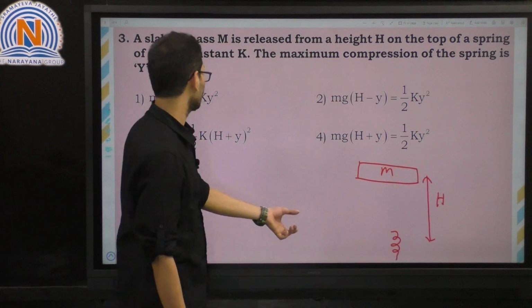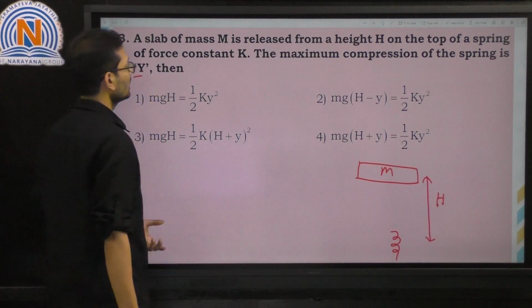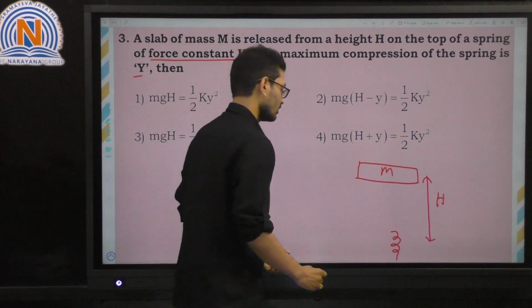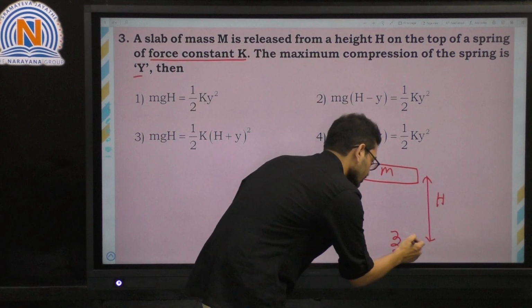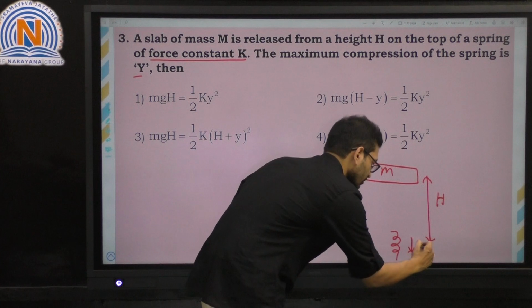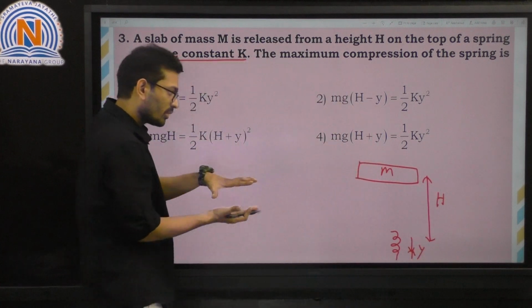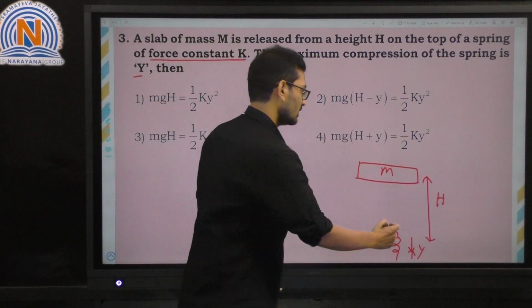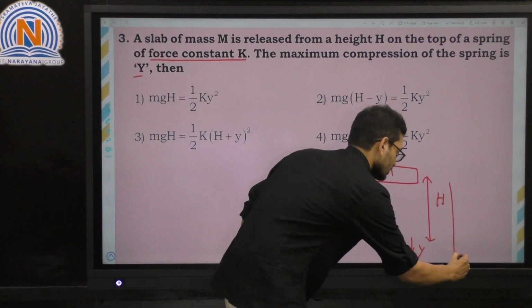Now the maximum compression of the spring is taken as y, and the force constant of the spring is given as k. The distance the spring has been compressed is y. So the total distance this mass has traveled is h plus y.